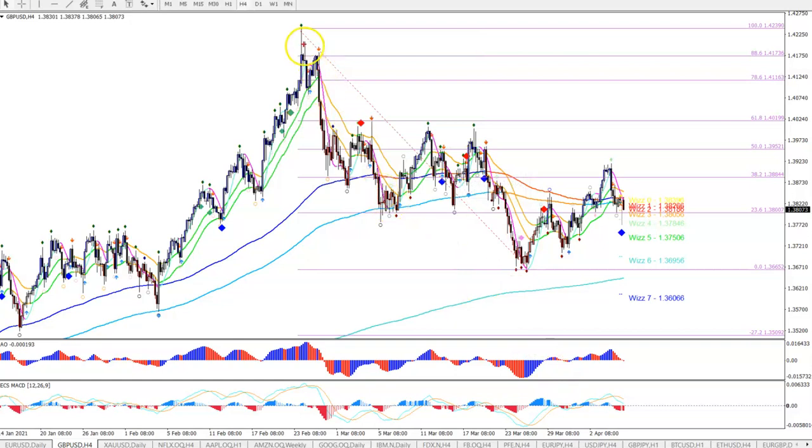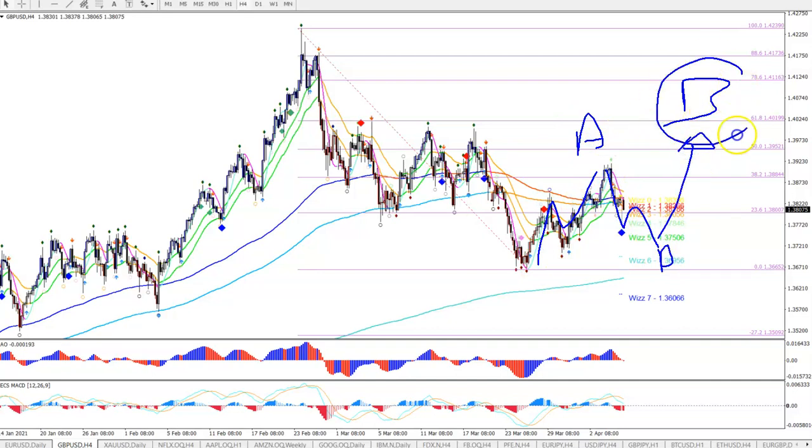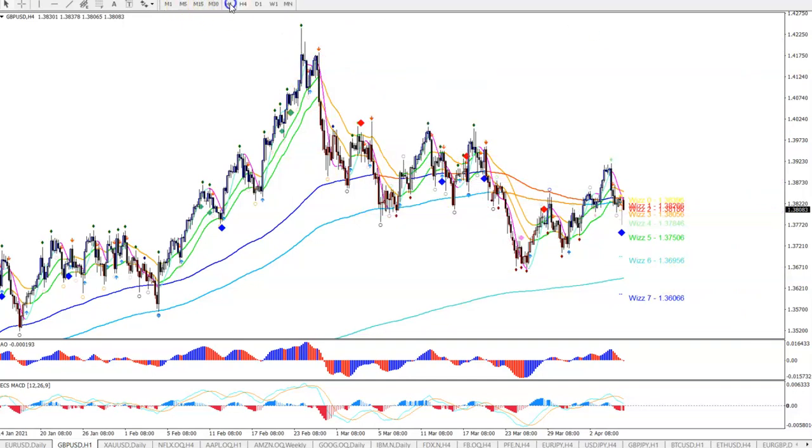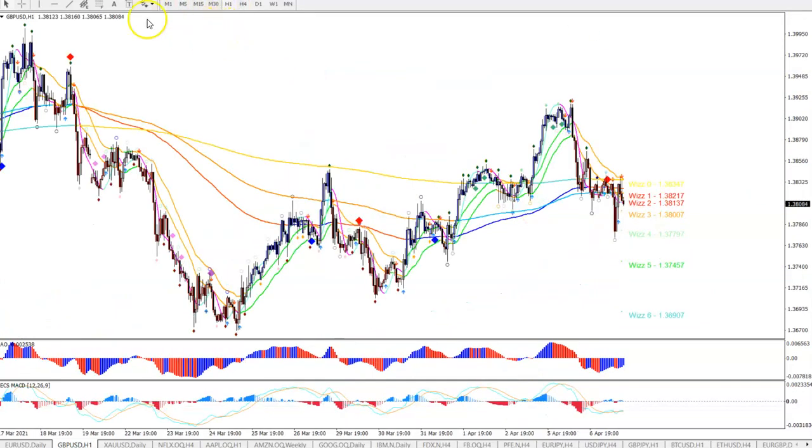It looks like 5-wave completed, now 3 waves completed up. But it could be that the wave B is expanded, ABC within A, ABC down for B, and then a 5-wave up to finish the bigger B, ABC within B. So pound definitely looks a little bit weaker than the euro dollar.